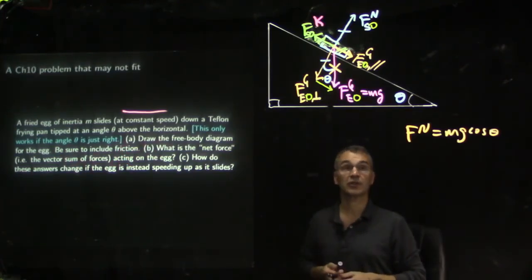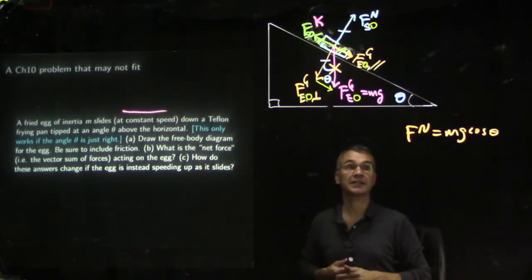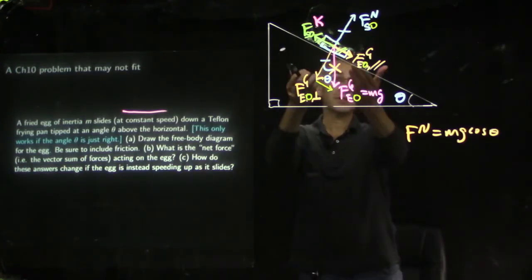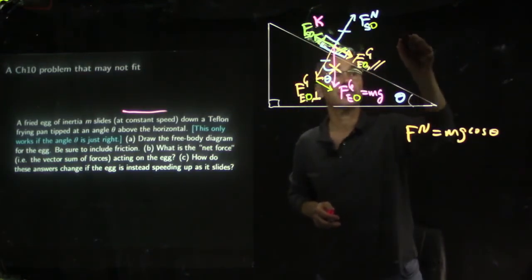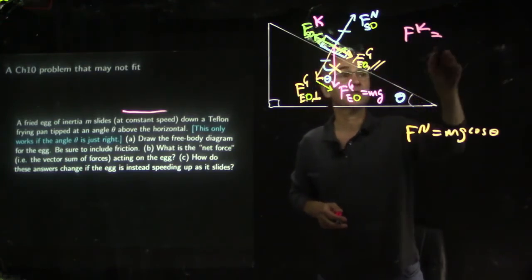Well, it must be 0. All the forces acting on the egg balance because the velocity is constant, so the acceleration is 0. So that is the free body diagram. You could then draw some conclusions from this. This kinetic friction force, F kinetic, equals this downhill component of gravity.